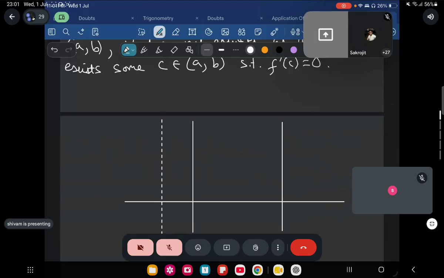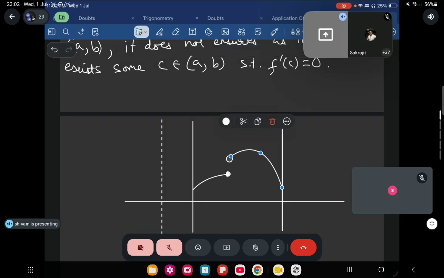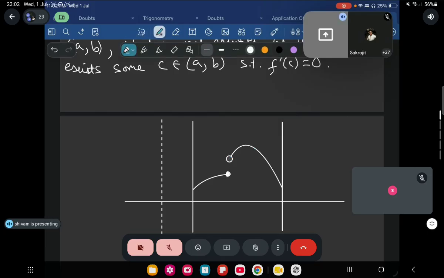See, are you able to see, Socrates? Over here, you'll get one point such that f'(c) is equal to 0.